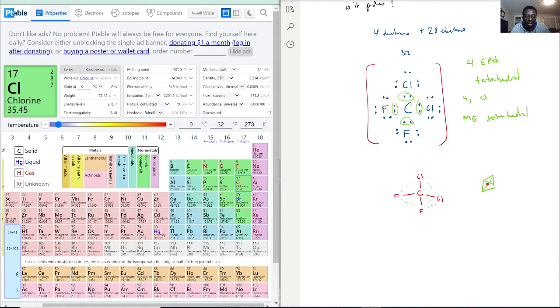So with that being said, chlorine has an electronegativity of 3.16 and fluorine has an electronegativity of 3.98.